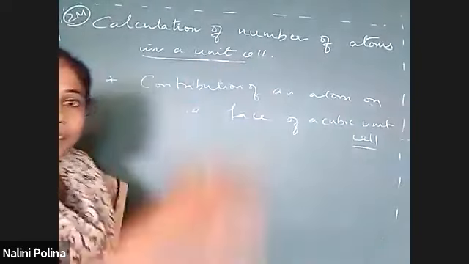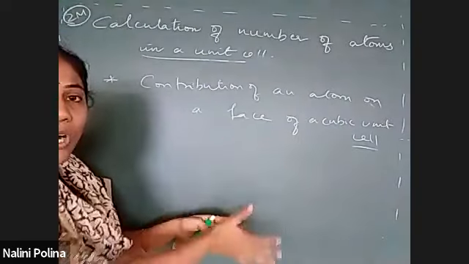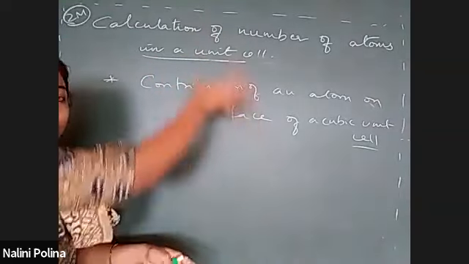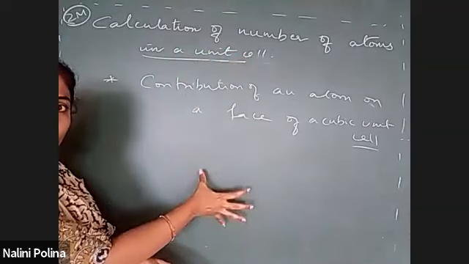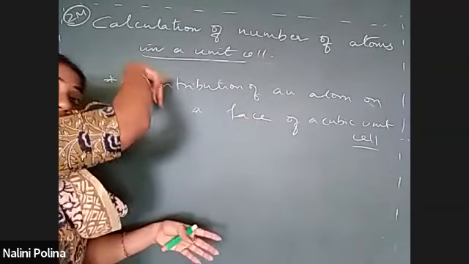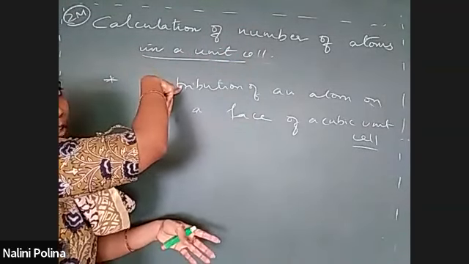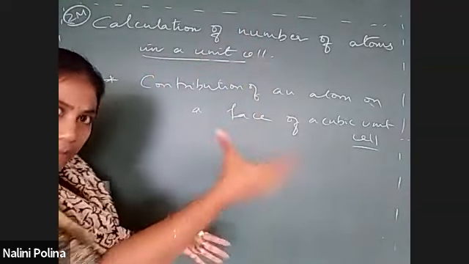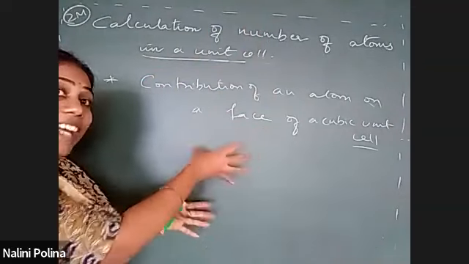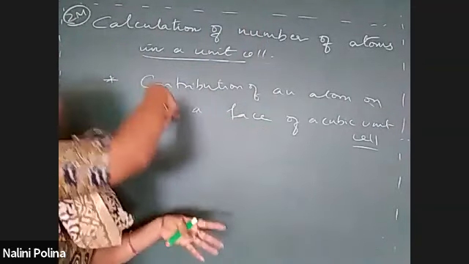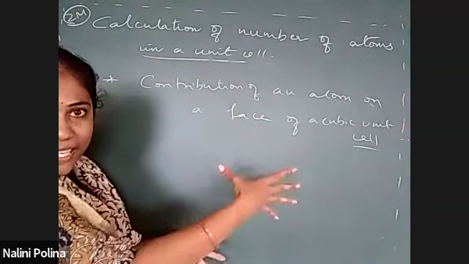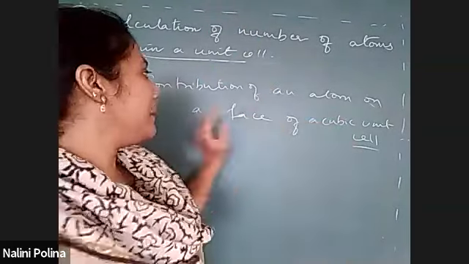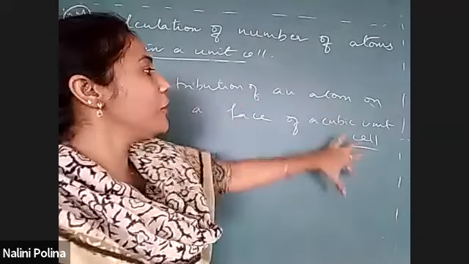Say this wall in this room is common for the other room also. Whatever atoms stay on this wall are also atoms that belong to the other unit cell, which is there on the back side. So whatever atoms are there on this wall, they are the atoms of this room, and I can also say they are the atoms of the other room which is there next, right? So definitely, what is the contribution of an atom on a face of a cubic unit cell?